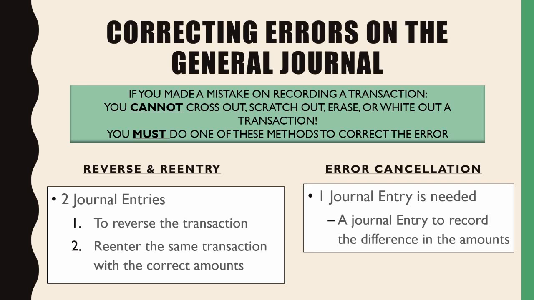Where error cancellation only requires one journal, and that's to basically find the difference between the two accounts and put in a journal to either add what I forgot or take out what I need to take out. Okay, now I'm going to show you an example for both of them.